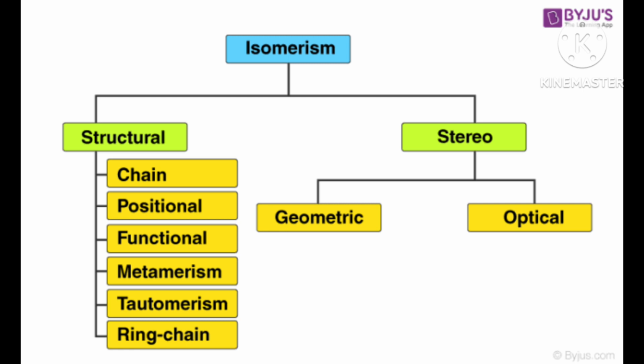The number of hydrogens and number of carbons are the same, meaning the molecular formula is the same. But the structural formula is different, the chain is different, a branch is there. That's why it is called chain isomerism, and both are called chain isomers.